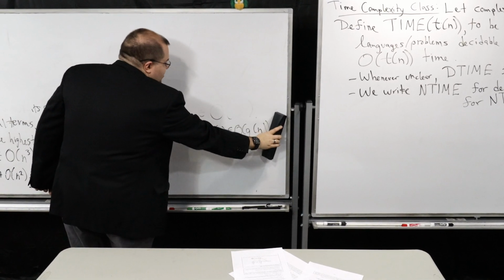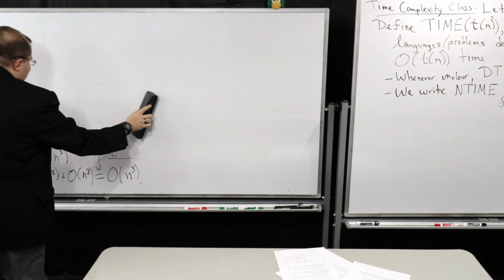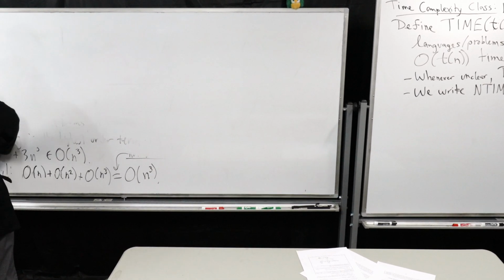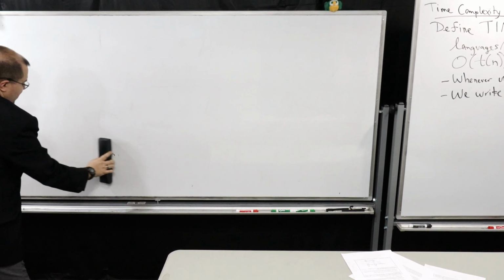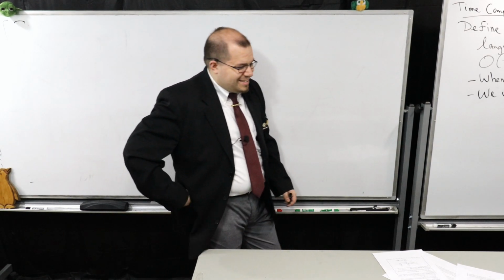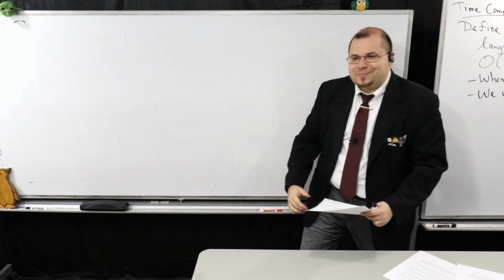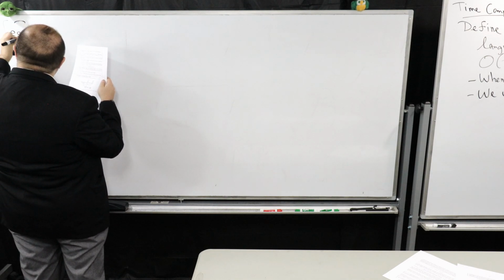I'm certain in your studies you've seen at least one or several examples, depending on what courses you've taken, of analyzing some algorithm using big O notation. But I have to show you how you do it with a Turing machine. So I've got to do an example.